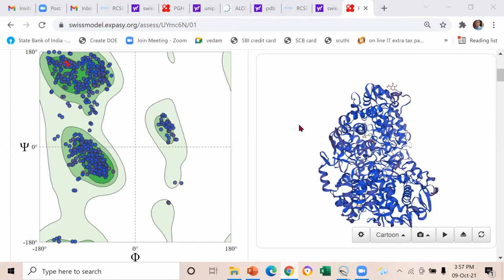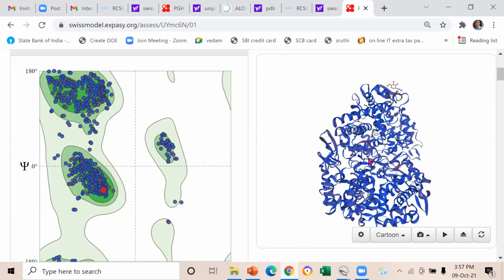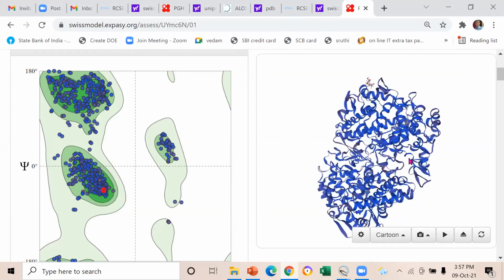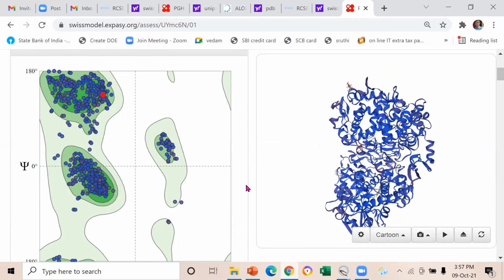So this is a very important plot which tells you whether all the angles of your modeled protein, the phi and psi angles of each one of these amino acid connections, are falling within the acceptable region. In this particular case, only one or a few are not falling in this acceptable region. You can even find out where it is.